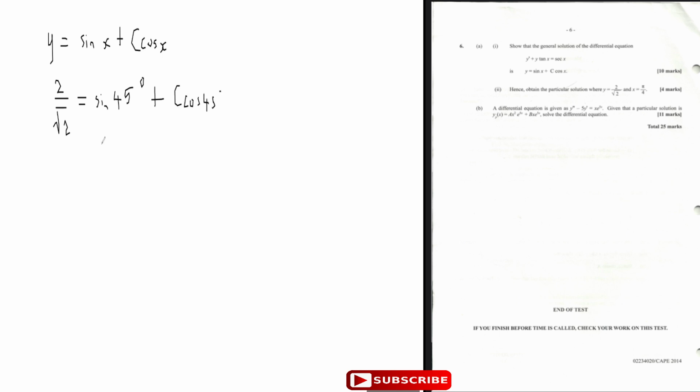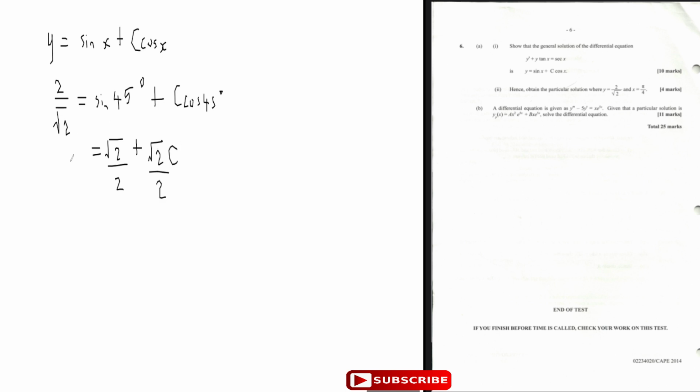Now, the sine of 45 degrees, I think that's root 2 over 2. This is going to be root 2 over 2 plus cos of 45, which is the same thing, root 2 over 2, times c.